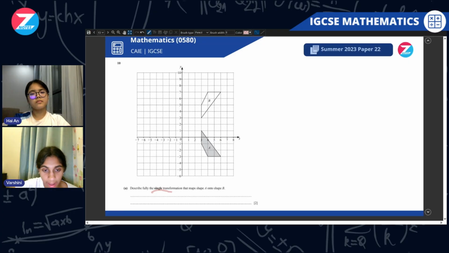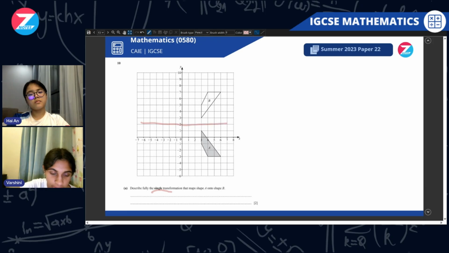We can also tell from just looking at it that it's a reflection, because the shape of B is the exact same shape as A, and it's somewhere along this line. You can see that it's being reflected over to give the shape of B.